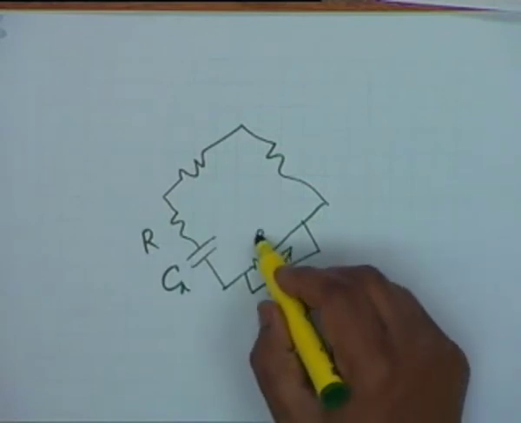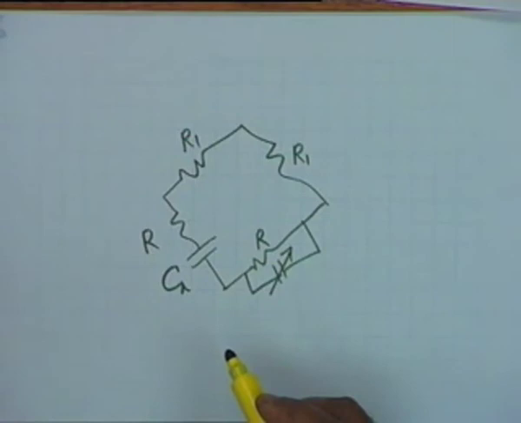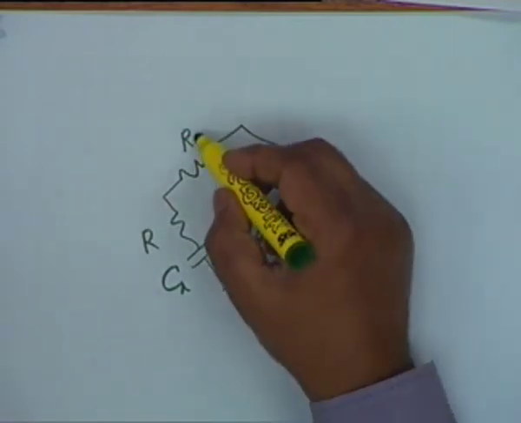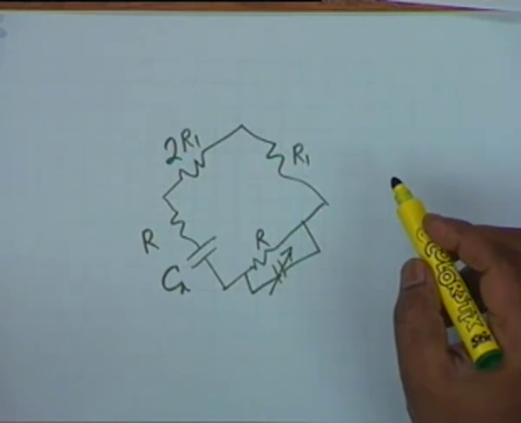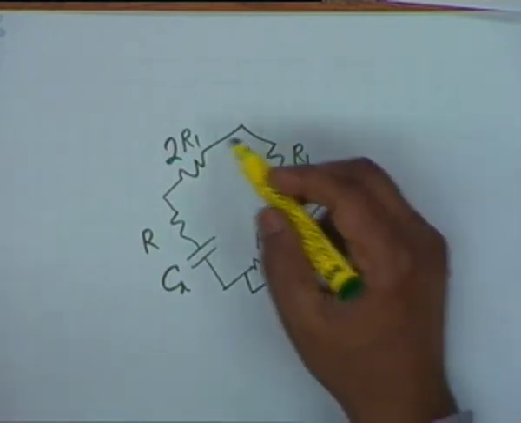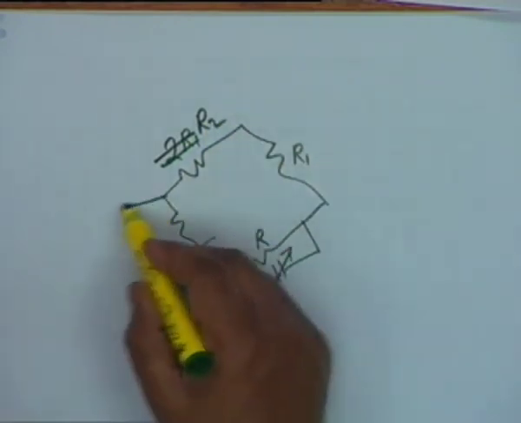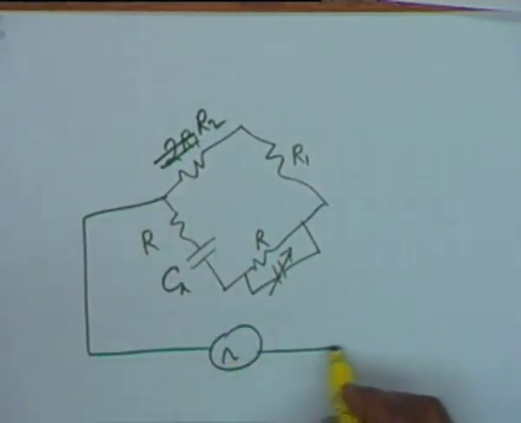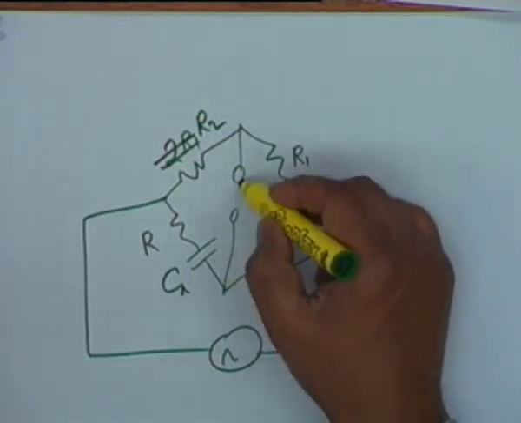This is R, this is R, R1, R1. Now, well, let's call it R2 and R1, all right. The source is somewhere here and the detector is somewhere here.